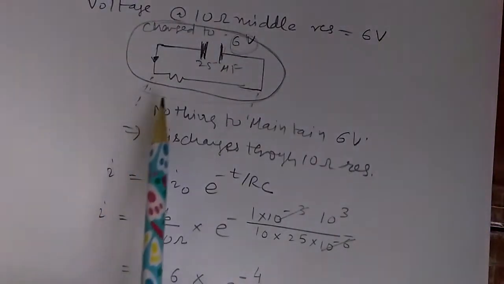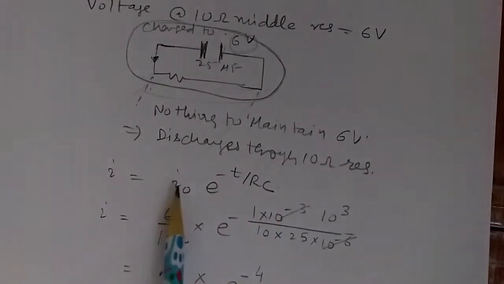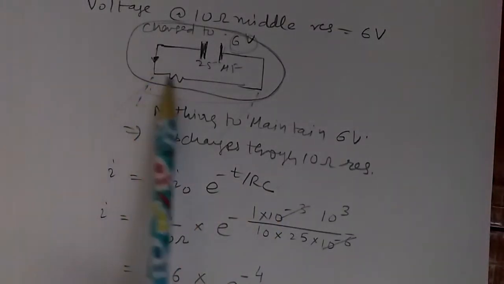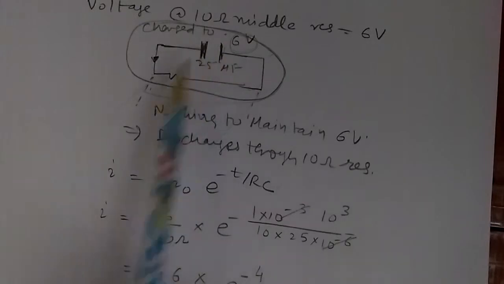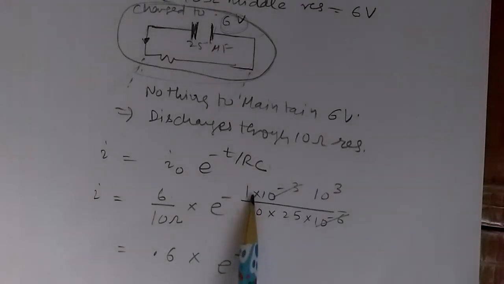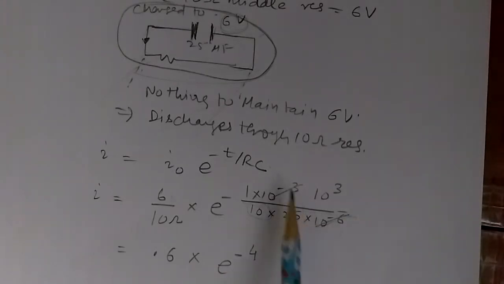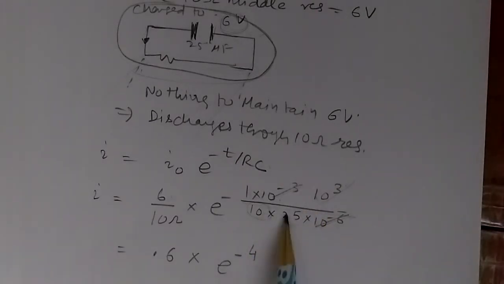The current I in this discharging circuit is given by I equals I naught e to the power minus t by RC, where I naught is the initial surge current through this circuit, which will be this voltage 6 volt divided by this resistor 10 ohm, multiplied by e to the power of minus t, where we are required to find at 1 millisecond, divided by R which is 10 ohm, and capacitance is 25 microfarad. 10 to the power minus 6 and 10 to the power minus 3 cancel, it goes up and becomes 10 to the power 3. 10 to the power 3 divided by 250 is 4, so it becomes e to the power minus 4.